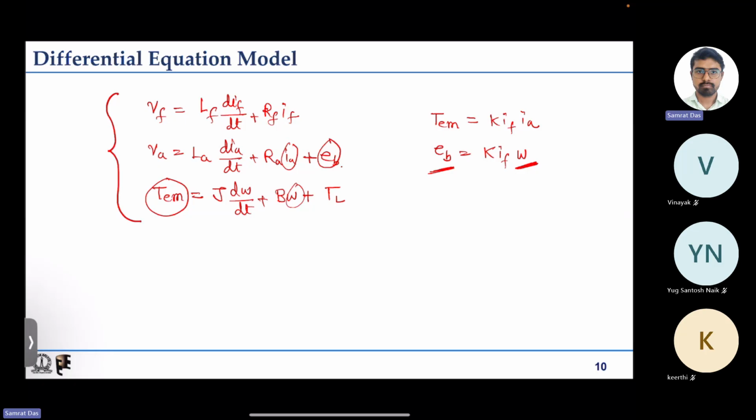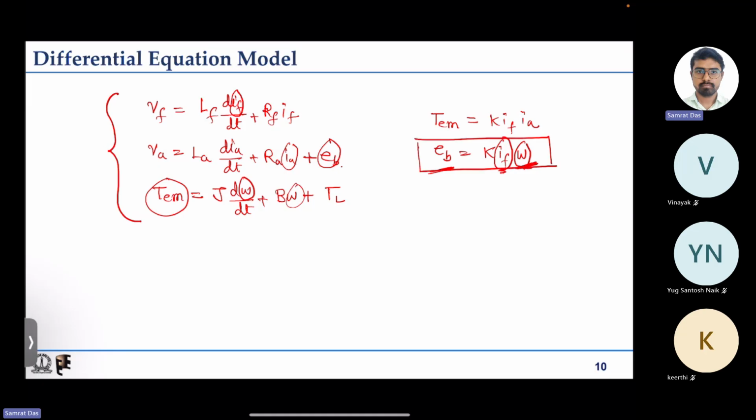So obviously we have to assume that if is constant, otherwise this is not a linear equation. It becomes a nonlinear equation because there is multiplication of two state variables. If and omega both are state variables of the system, and in a linear system there cannot be any multiplication of two state variables. So actually it's a nonlinear equation.